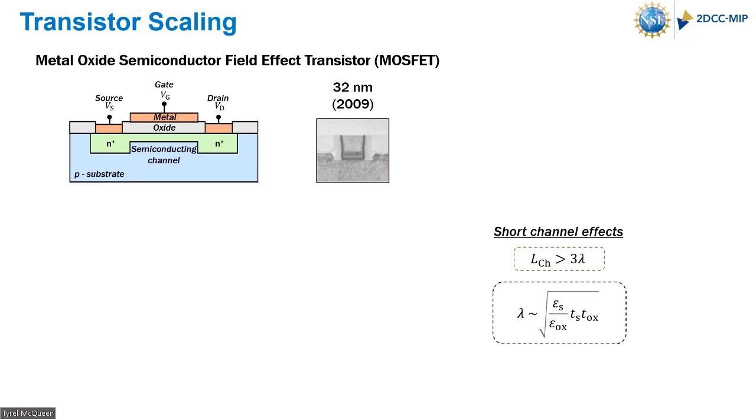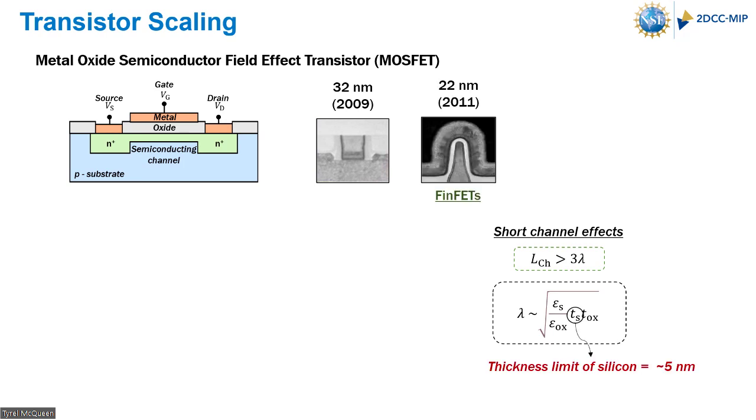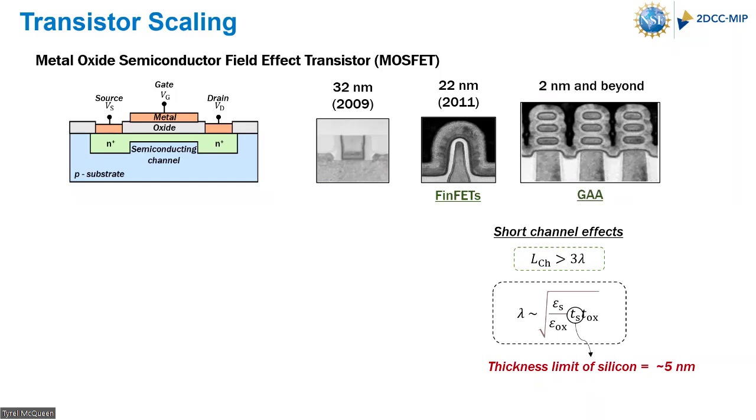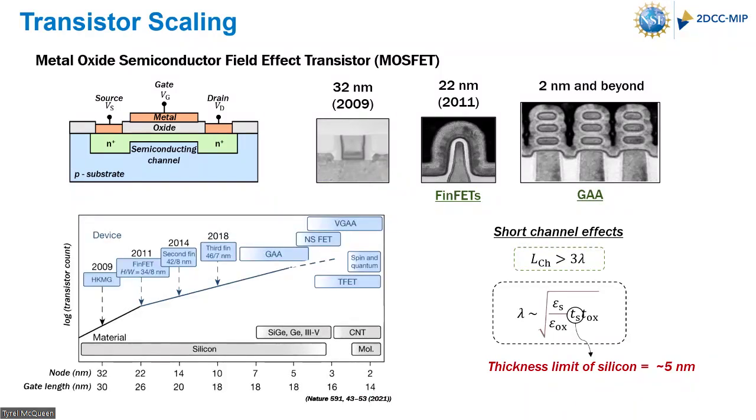So this led to a lot of work. Let me just move forward here. Okay, so this led to a lot of work in looking at different oxides, right? Originally, silicon dioxide was used. It's a good native oxide, but it doesn't have a high dielectric constant.